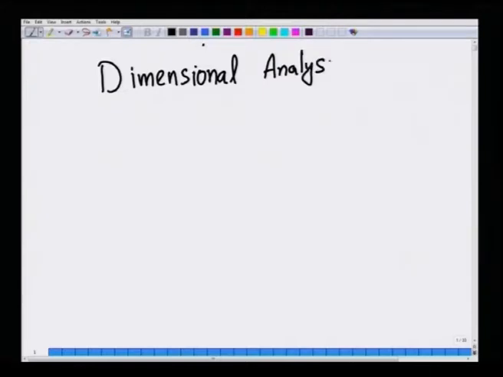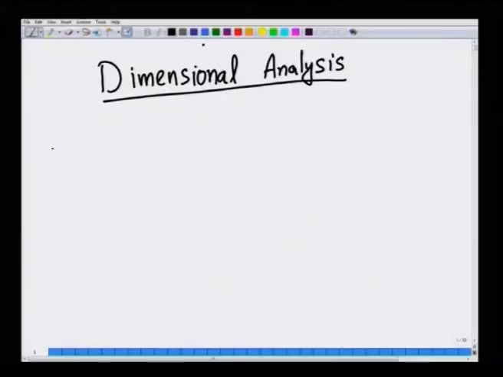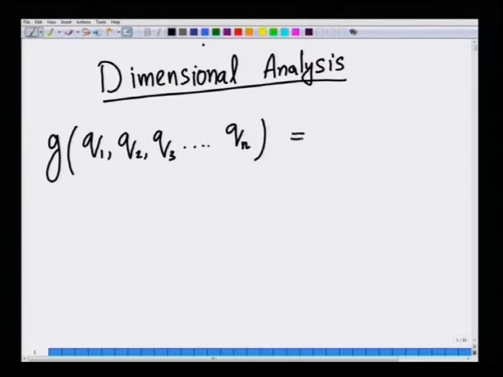We pointed out in the last lecture that dimensional analysis affects a reduction in the number of variables among a few dimensional variables. Suppose you have a set of dimensional variables, let us say q1, q2, q3, so on up to qn. There are n dimensional variables.